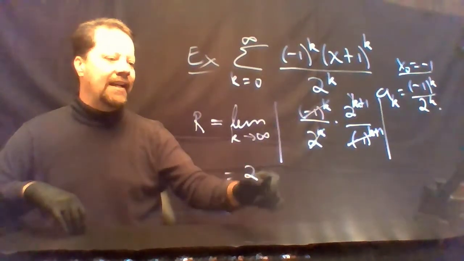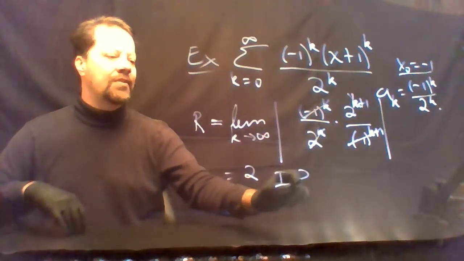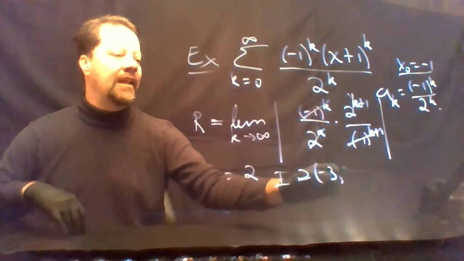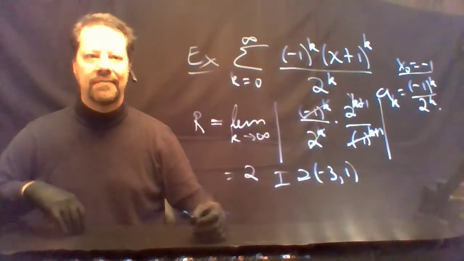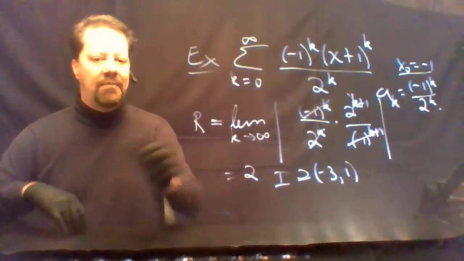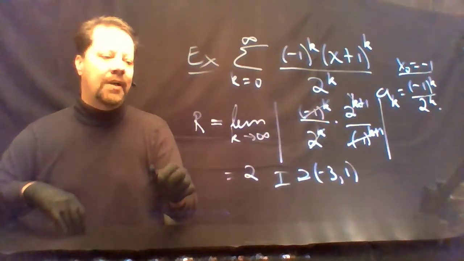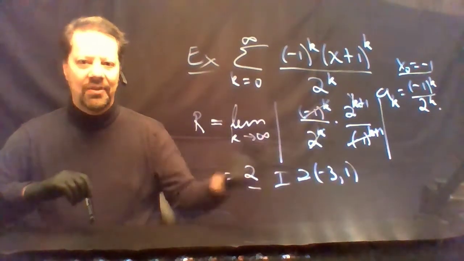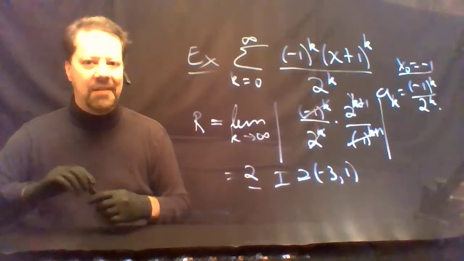The center is -1, so the interval of convergence will contain everything from -3 to 1. You go -1 minus 2 and -1 plus 2. We have yet to test the endpoints.